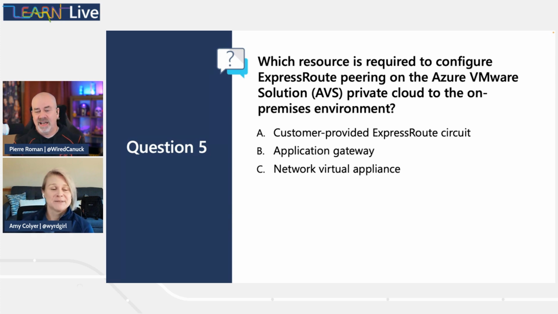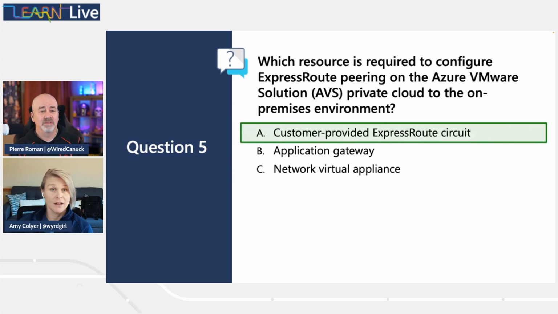The application gateway, we haven't gotten there yet, but that would be to expose one of your applications to the internet. And a network virtual appliance, I'm not quite sure that has anything to do at this point with ExpressRoute, so I'm going to pick A. All right. I think you're onto something. A, yes. In order to peer, you need an ExpressRoute to an ExpressRoute. That's right.